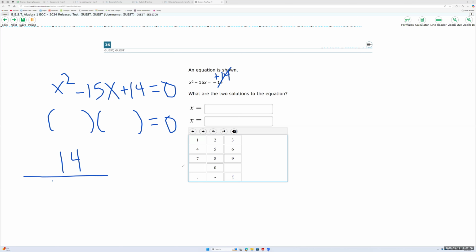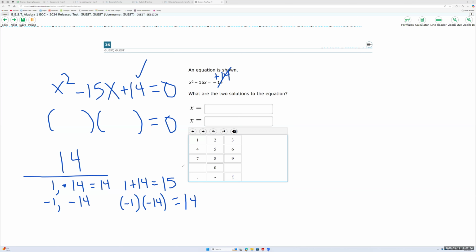So if I chose 1 and 14, 1 times 14 is equal to 14, but 1 plus 14 is equal to positive 15. So it's not that. So it has to be negative 1 and negative 14, because negative 1 times negative 14 is positive 14, which is what I have there.